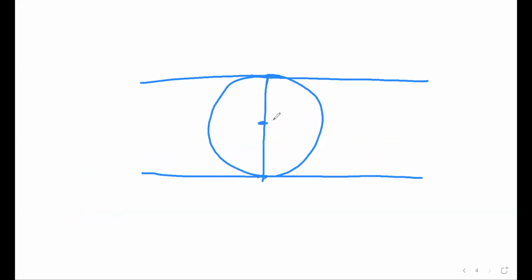See, we have a diameter AB over here, and at the ends of the diameter I have drawn the tangents, that is tangent PQ and tangent RS. We have to show that both are parallel with each other, that is PQ is parallel to RS.